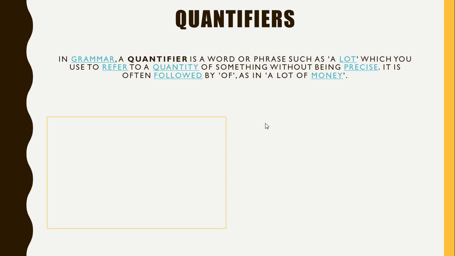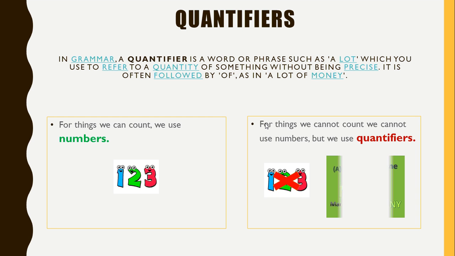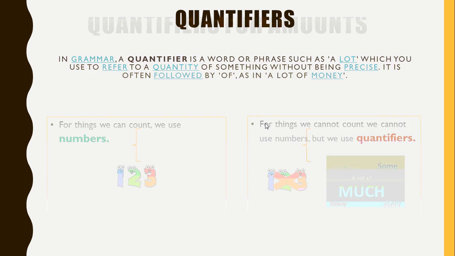For things that we can count, we use numbers. But for things that we cannot count, we use quantifiers. Those quantifiers are a few, some, much, many, a little, any.